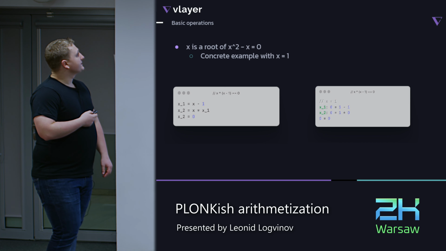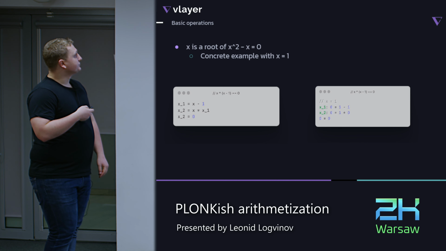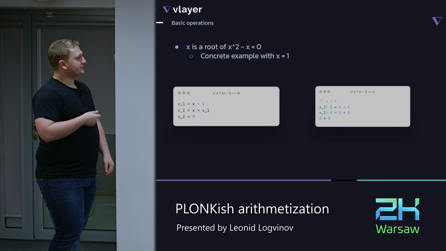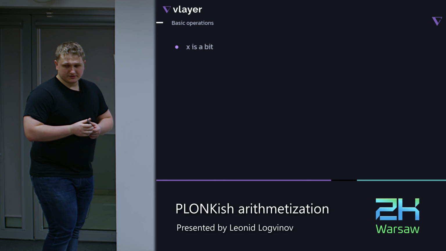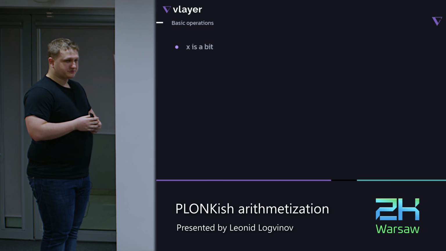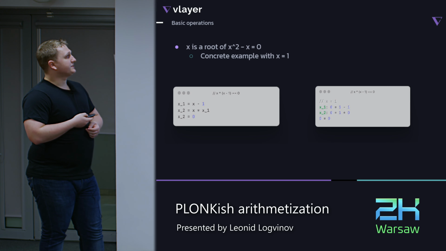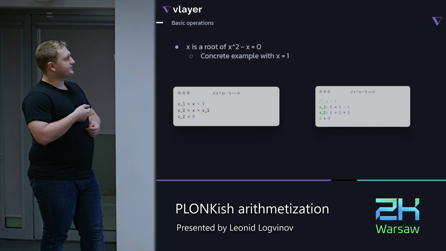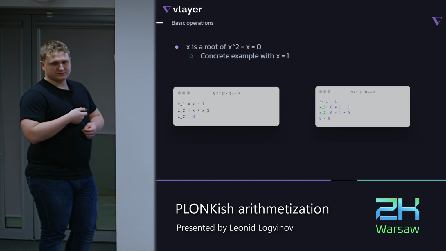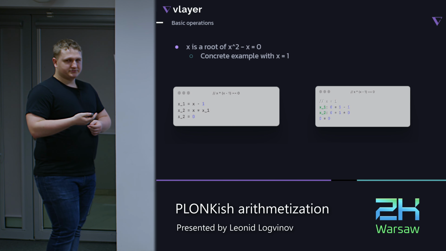And now, as we can check that x is a root of this polynomial, we will check that x is a bit. So a bit is a value that's either 0 or 1, and we can see that it's essentially the same task, because this computation is correct only if x is 0 or x equals 1. So it's essentially the same computation as checking that x is a bit.